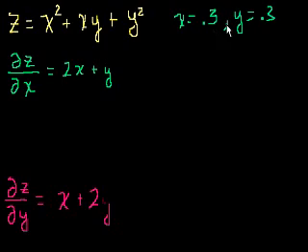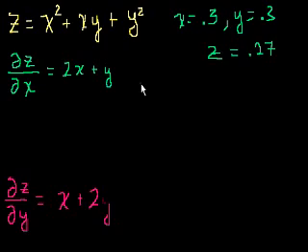And when x is equal to 0.3, y is equal to 0.3, what is z equal to? So you have 0.3 squared is 0.09, 0.3 times 0.3, 0.09, 0.09. So z is equal to 0.27, right? Just substitute 0.3 in for x and y. So what is the partial of z with respect to x at that point?